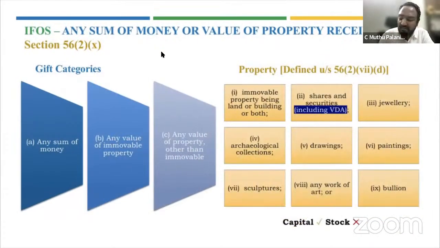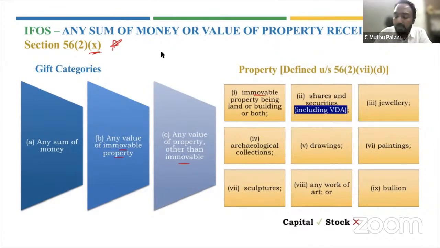Next thing we are going to understand is one of the important sections that is tested in your exam, 56(2)(x), which is basically called gift. Gift could be of 3 categories. It could be cash, it could be immovable property, it could be movable property. So these 3 concepts. Now, what is exactly a property? Be it immovable property or movable property, what exactly is property?